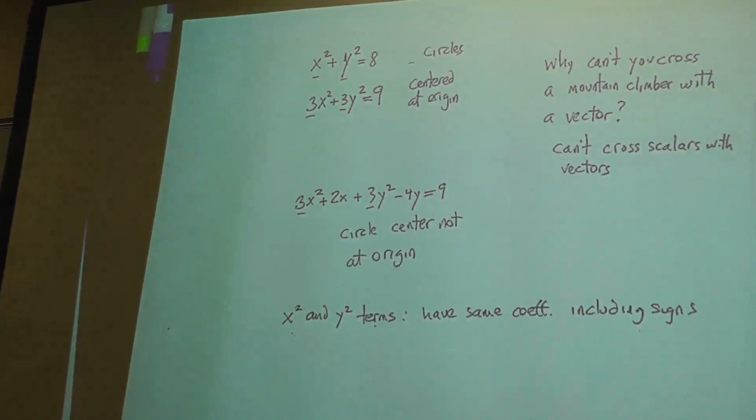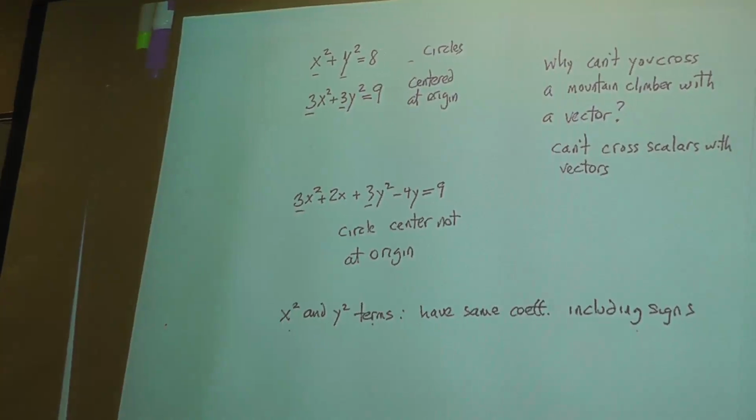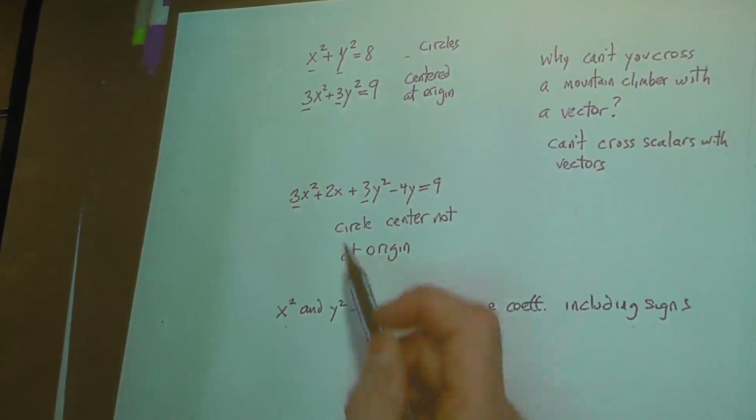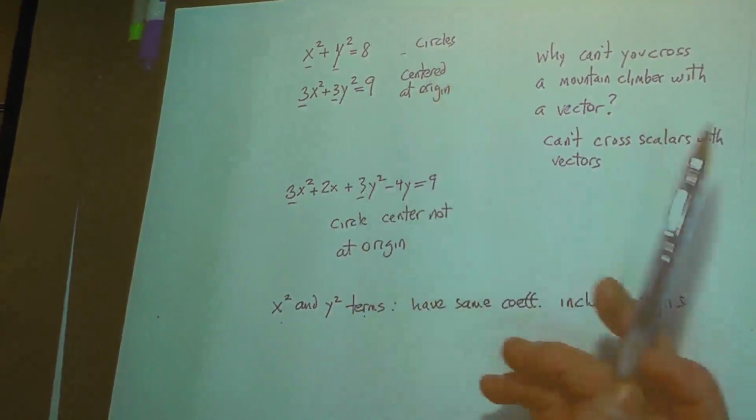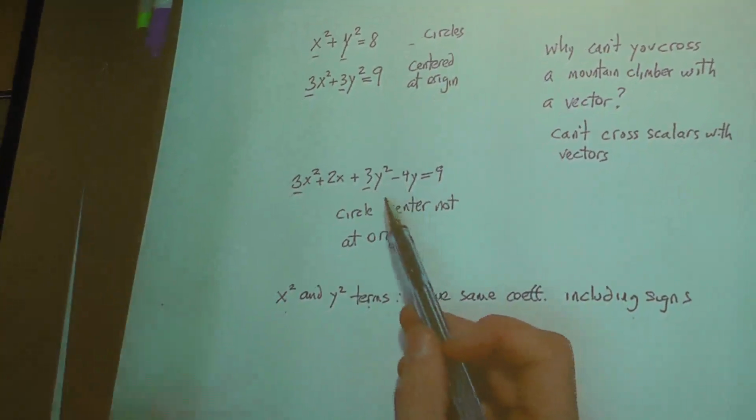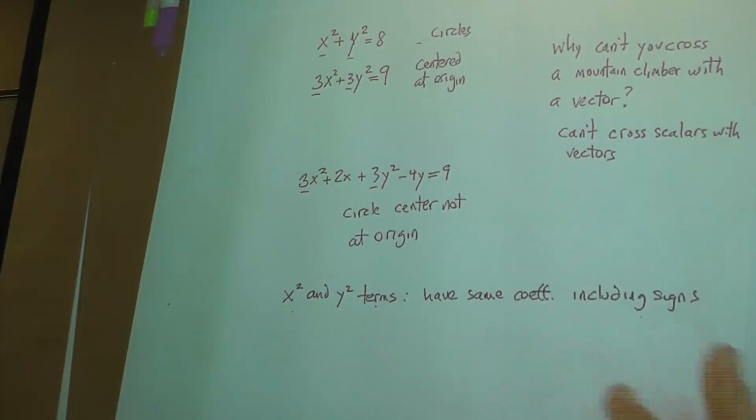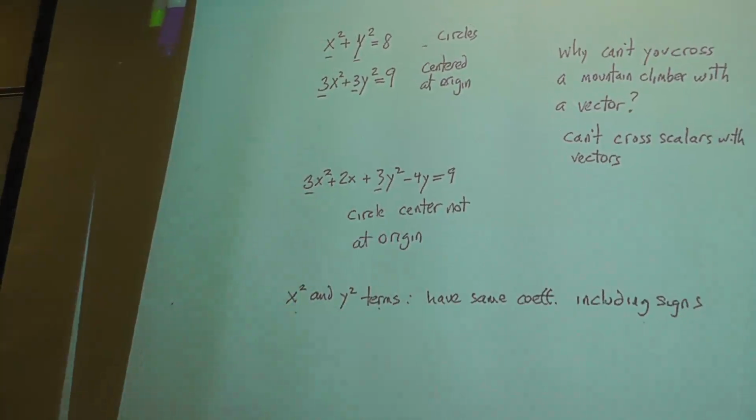And that gives you a circle. Without the linear terms, its center is at the origin. With the linear terms, completing the square would tell you exactly where and all that stuff.